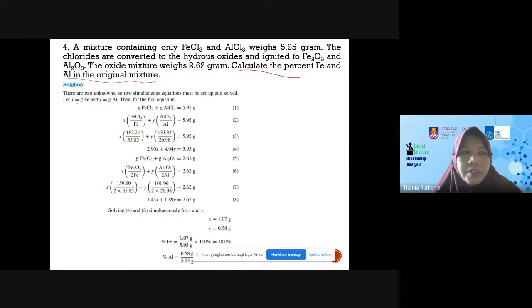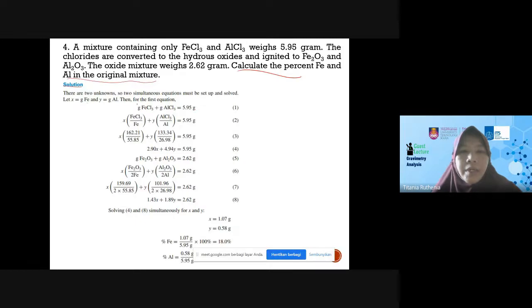So for the solution, there are two unknowns, so we have to have two simultaneous equations. For example, assume that X is the gram of Fe and Y is the gram of Al. Then for the first equation, gram of FeCl3 plus gram of AlCl3 is equal to 5.95 gram.